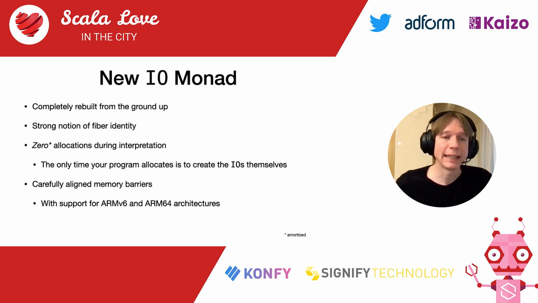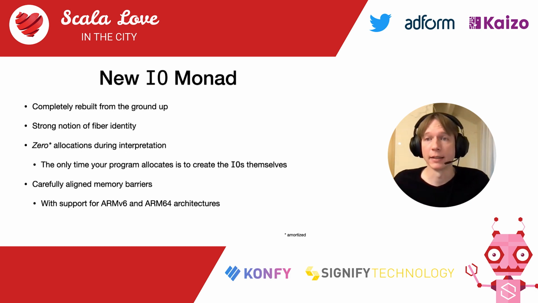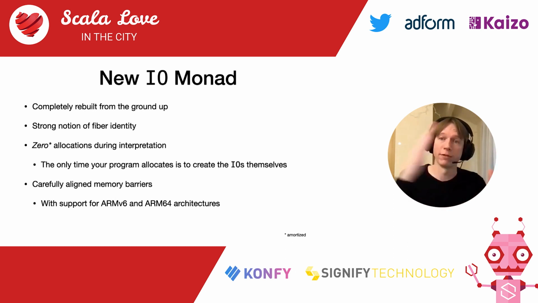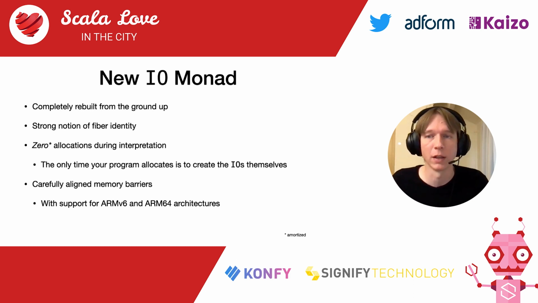We also have very, very carefully designed memory barrier semantics. If you're familiar with performance on the JVM, particularly around concurrency, you know that memory barriers are a double-edged sword. They're very, very expensive because they require a flush to main memory, which is very slow compared to stuff that's directly on the processor. But they're also very essential, right? You can't necessarily make data visible between threads deterministically without using memory barriers.